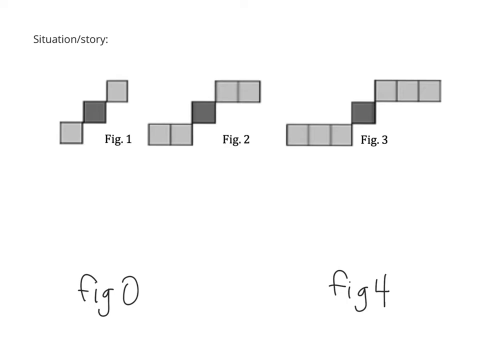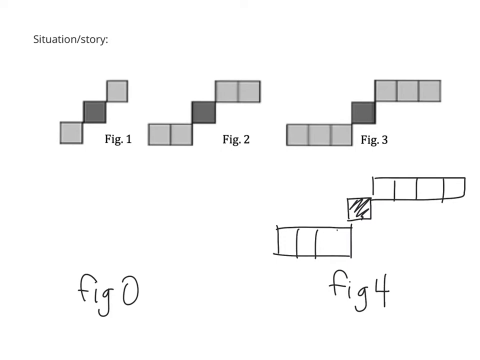Okay, so hopefully you had a chance to think about what these figures might look like. If I notice a pattern that's happening, what I see is that each time, I'm adding 2 tiles, one at the beginning and the end of this figure. So if I were to make a prediction for figure 4, we have that tile in the center, and then I would predict that up top, rather than having 3 tiles, I would have 4 tiles, and then 4 tiles on the bottom here.